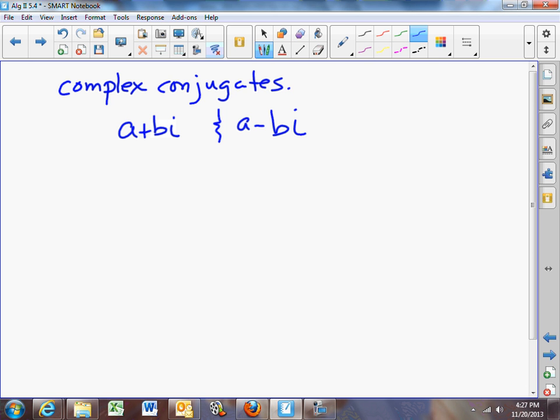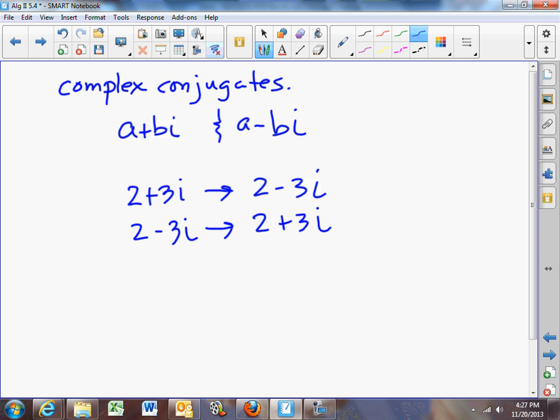Notice that we have the same two complex numbers, except the sign of the imaginary part is opposite. Complex conjugates are special. 2 plus 3i's complex conjugate is 2 minus 3i. 2 minus 3i's complex conjugate is 2 plus 3i. They are complex conjugates of each other.